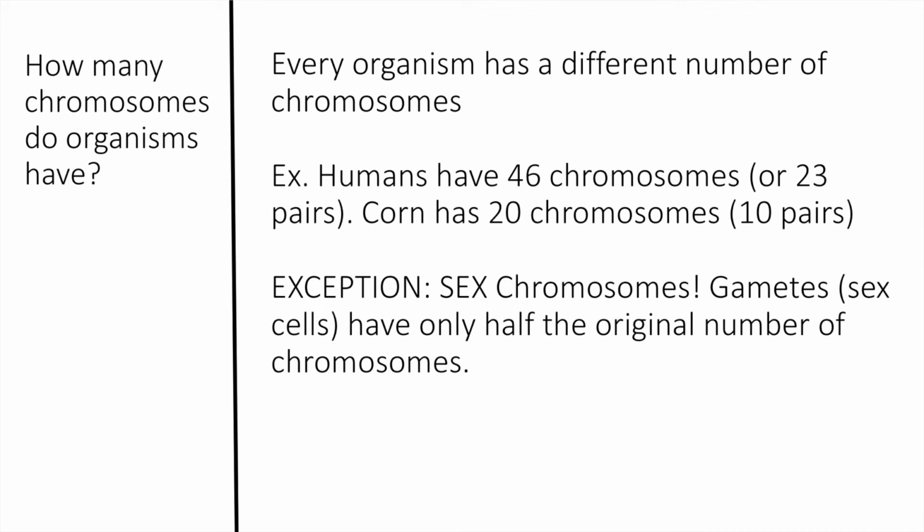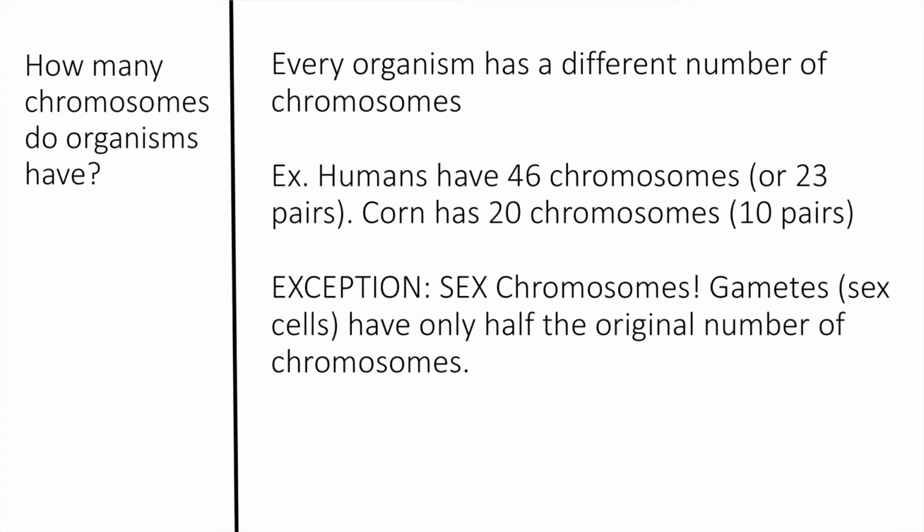How many chromosomes do organisms have? Every organism has a different number of chromosomes. For example, humans have 46 chromosomes, or 23 pairs. Corn, on the other hand, has 20 chromosomes, or 10 pairs. The only exception is with sex chromosomes.